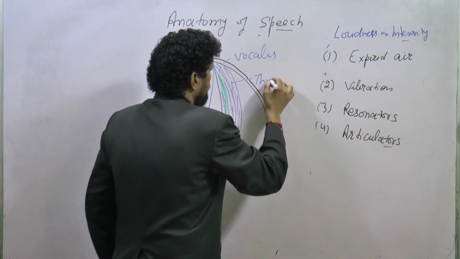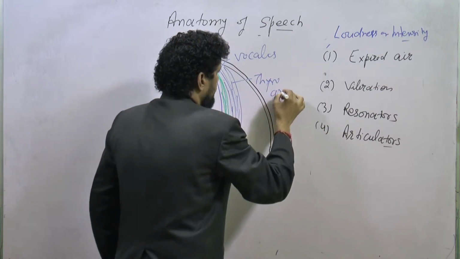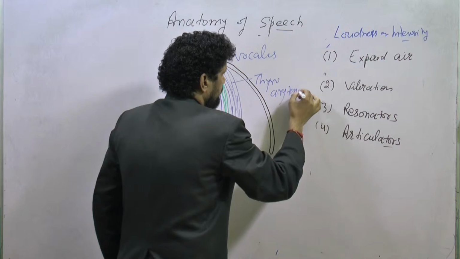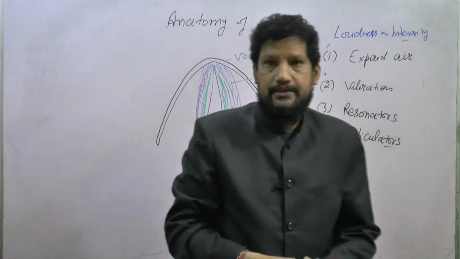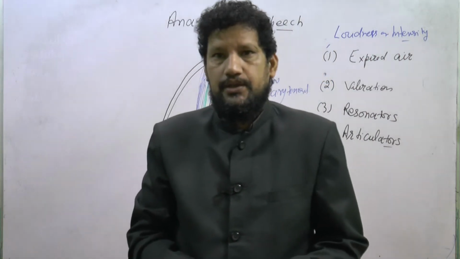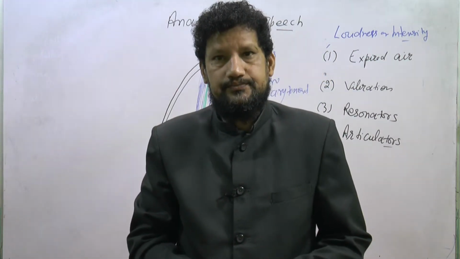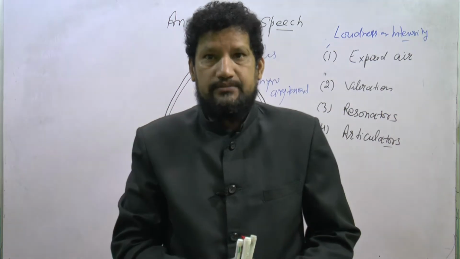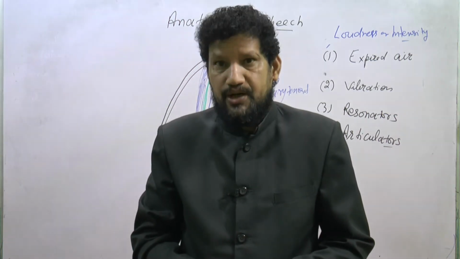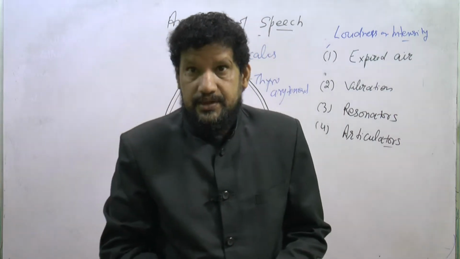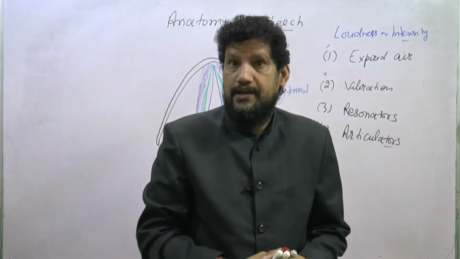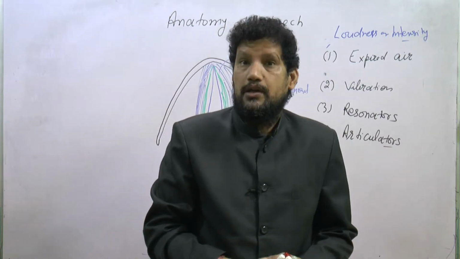The vocal ligament is the thickened upper margin of the cricovocal membrane. The vocalis muscle is a subsidiary part of the thyroarytenoid muscle. The other subsidiary part of the thyroarytenoid muscle is the thyroepiglotticus muscle.